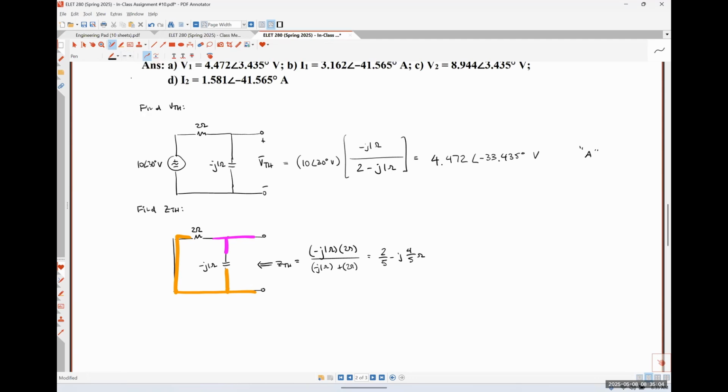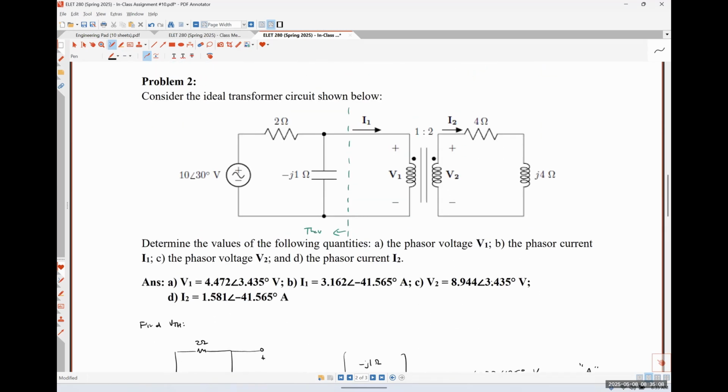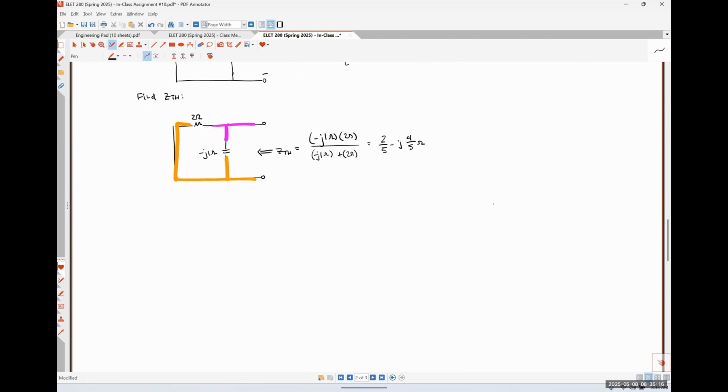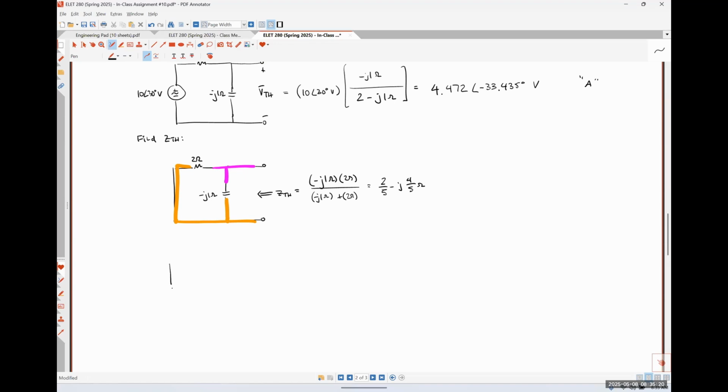So from here, I could replace everything to the left of that dashed line with that Thevenin equivalent circuit, okay? So that would be a 4.472. I didn't give myself enough room there.